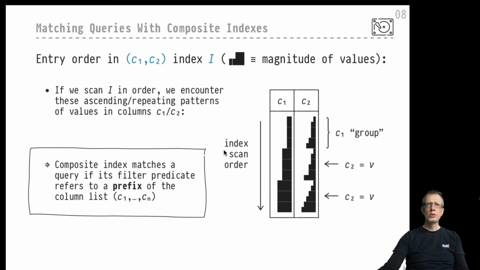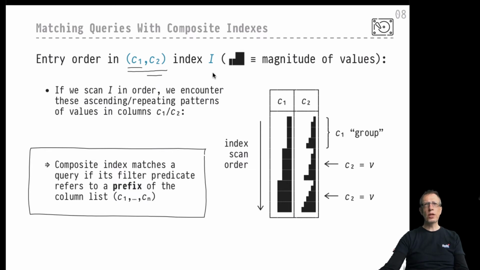A prefix of that column list may be only C1, and we can indeed use this index to identify rows that have a particular C1 value, because this is the primary ordering criterion. We could also use that index to identify rows that have a particular C1, C2 combination. That would narrow down the search window, the subset of the sequence set that you have to consider, even more. Very good.